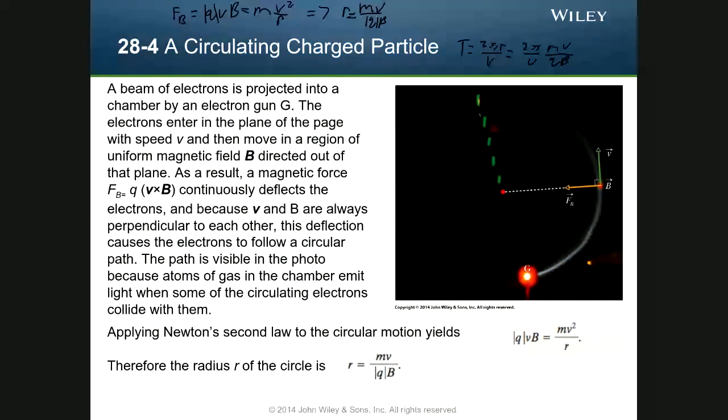And those v's cancel. And of course, if you do that, you get the frequency, f equals 1 over T, which will be equal to qB over 2 pi m.